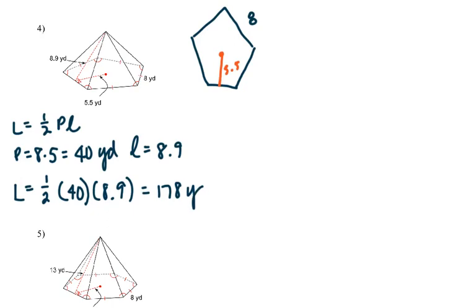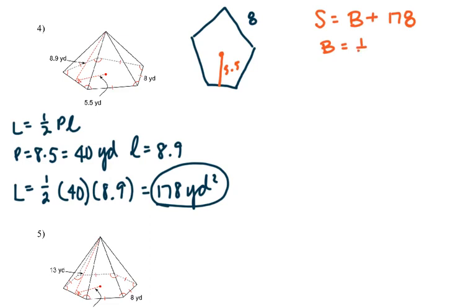178 square yards. Now, for the total surface area, we need to take the area of the base, there's only one, plus that lateral area, so that's 178. And for the area of the base, remember this is a regular polygon, so that formula was 1/2 times the apothem times the perimeter. The apothem is given as 5.5. Yay, this time that we have it.